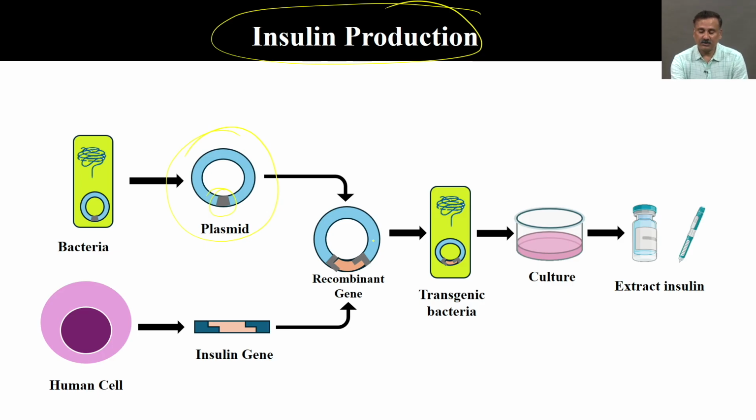You take the insulin gene out from the beta cell and put it into this plasmid using the multiple cloning site, and that is how you produce the recombinant clone. Then you put that into the bacteria, and the bacteria express a large quantity of insulin, and then you can do the purification and extraction using different chromatography techniques, and that is how you get the insulin.